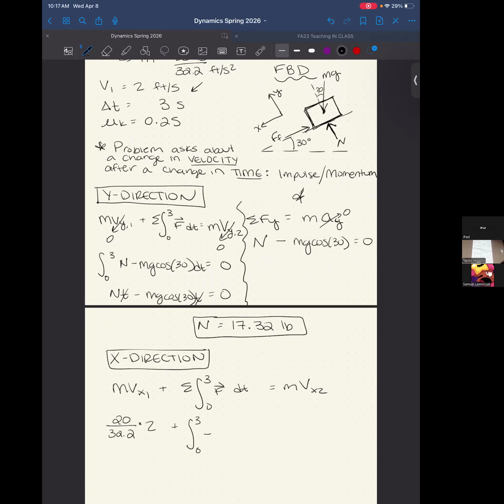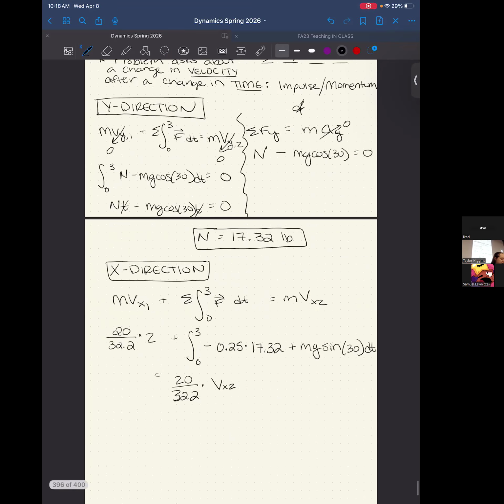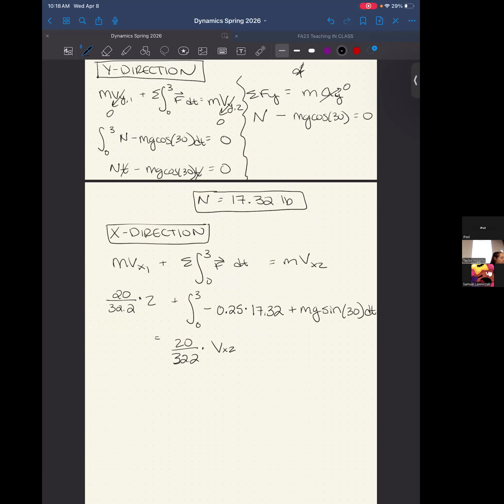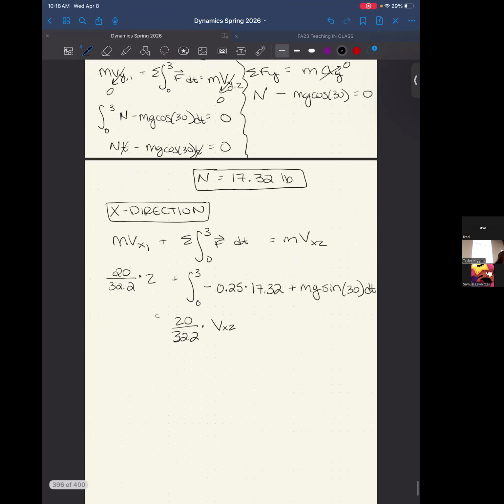So I have a minus mu_k N, it's my friction force, and then a plus mg sine 30 dt, equals 20 over 32.2 Vx2, right? This is good news. One equation, one unknown. The one unknown is what it's asking me for.